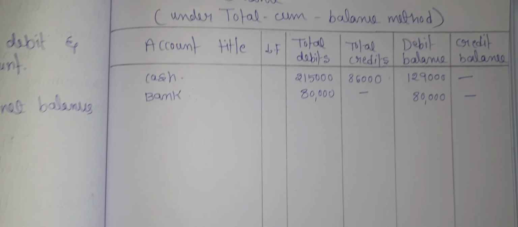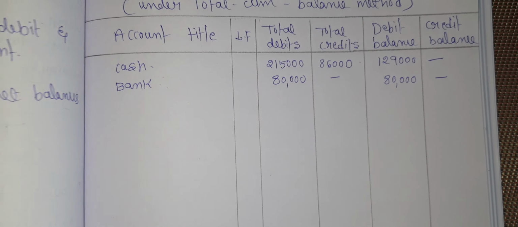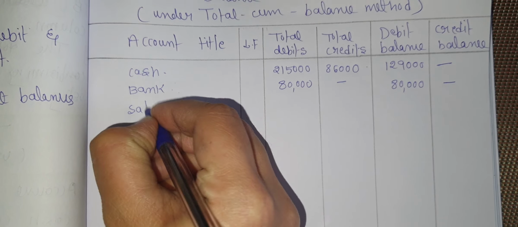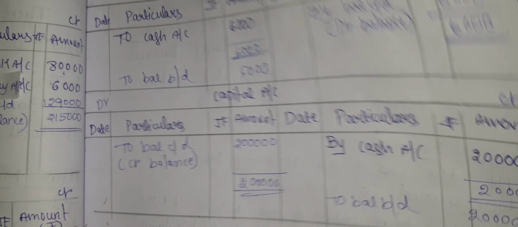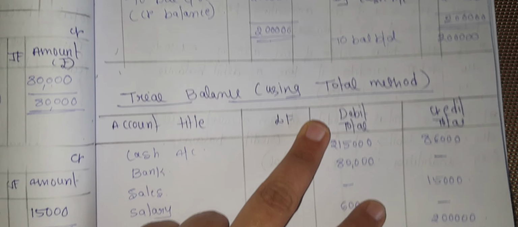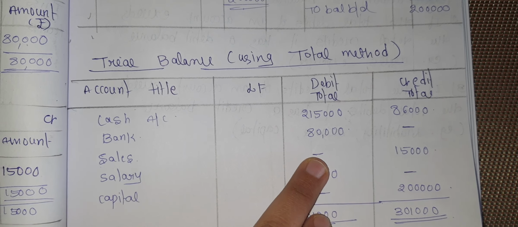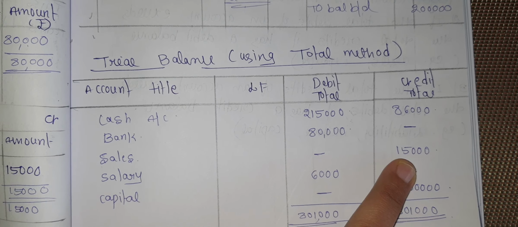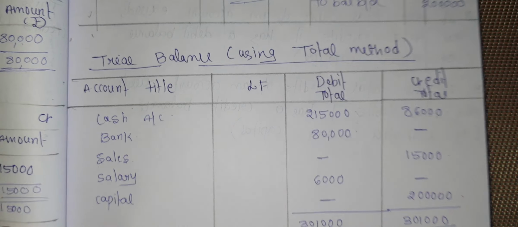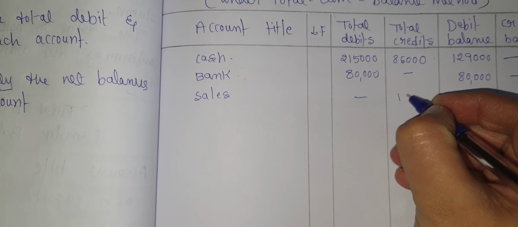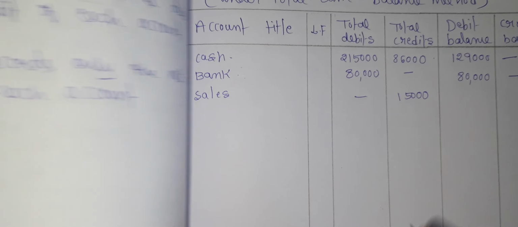Okay. Next one is sales. In the total method, sales, debit total is nil and credit total is rupees 15,000.